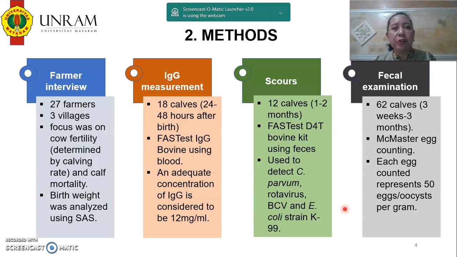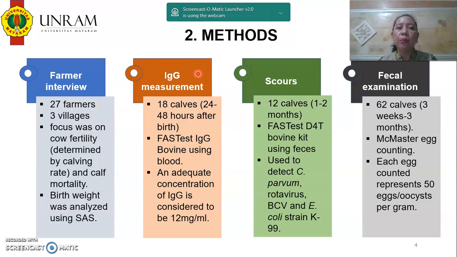So this is the methodology that we use. Data collected for analysis in this work were collected in several ways in the Dompu region of Sumbawa Island. For the farmers' interview, participants were 27 farmers in 3 villages, and the focus was on cow fertility as determined by calving rate and calf mortality.